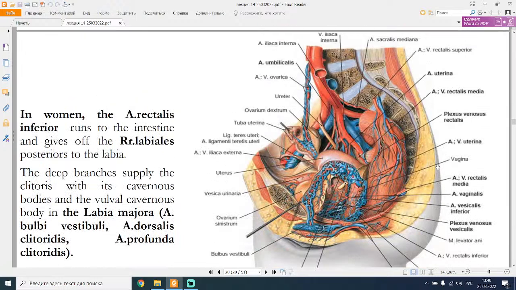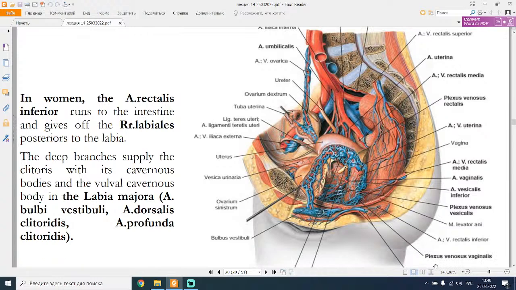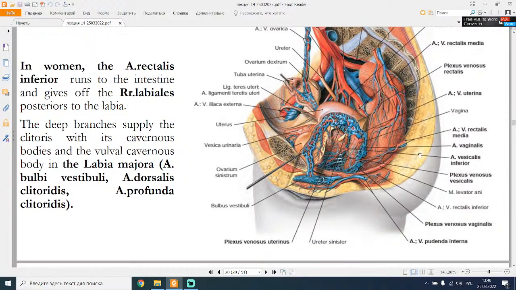In women, the arteria rectalis inferior runs to the intestine and gives off rami labiales posteriores to the labia.